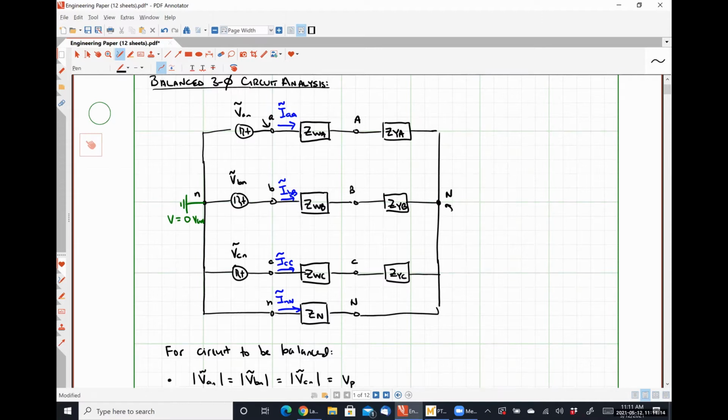So for IAA, it would look like V lowercase a lowercase n minus V capital N lowercase n. Those are my two voltages at the different points, divided by the series impedance seen by that current, which in this case would be ZWA in series with ZYA. Does that make sense? Okay, so I'm just using Ohm's law.